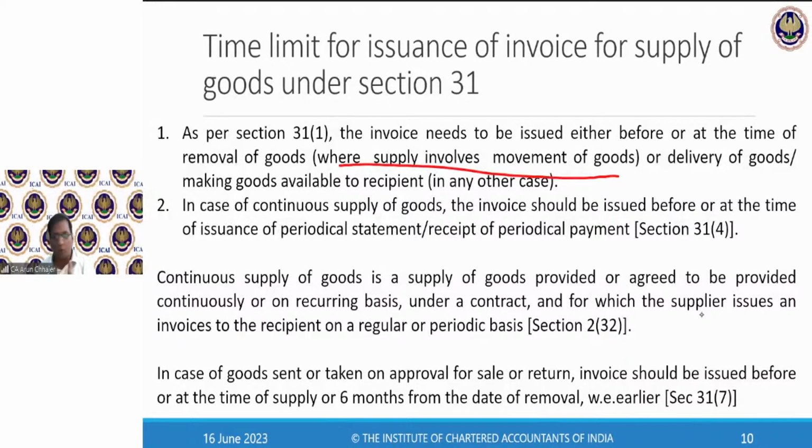No. So in this case, the date of delivery of the goods or making available to the recipient, the day it is finalized, will be the last date to issue the tax invoice.